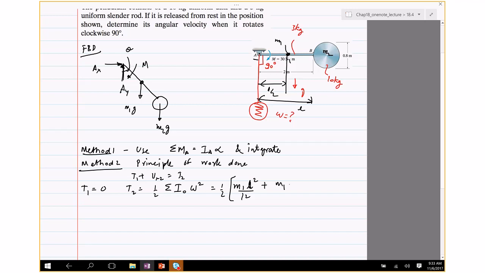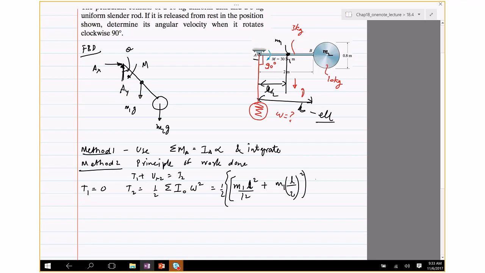So it's m times L1 divided by 2 squared. The distance, isn't it? Oh, it's L, sorry, I should put L here. I just wrote it in terms of a variable L, that's L, not 1.